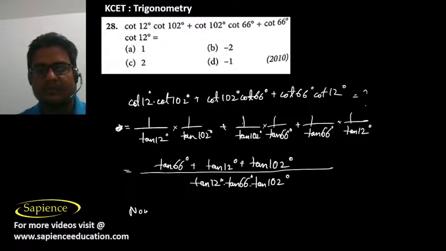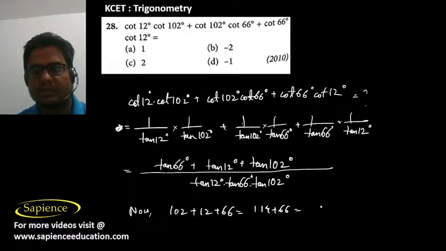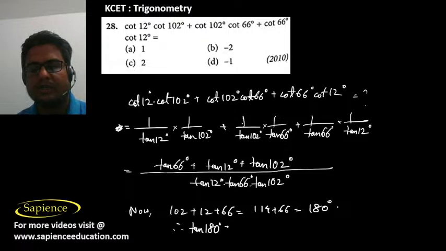So now 102 plus 12 plus 66, that is how much? So that is 114 plus 66 degree, that is equal to 180 degree. So now therefore we know that tan 180 is equal to 0.